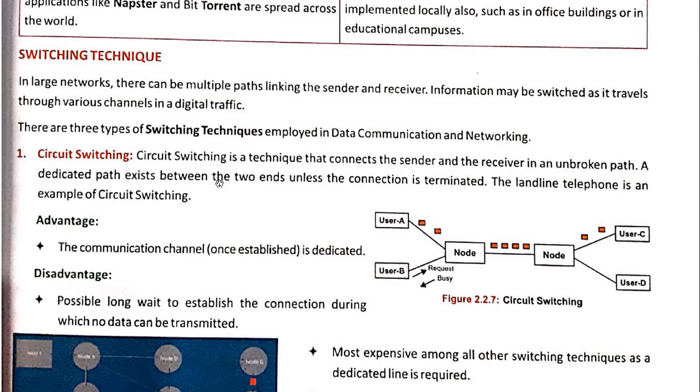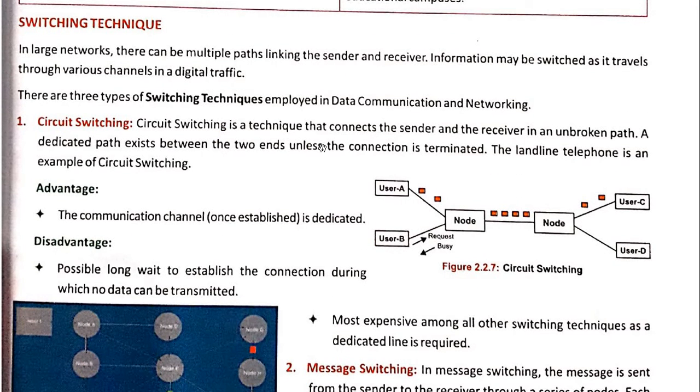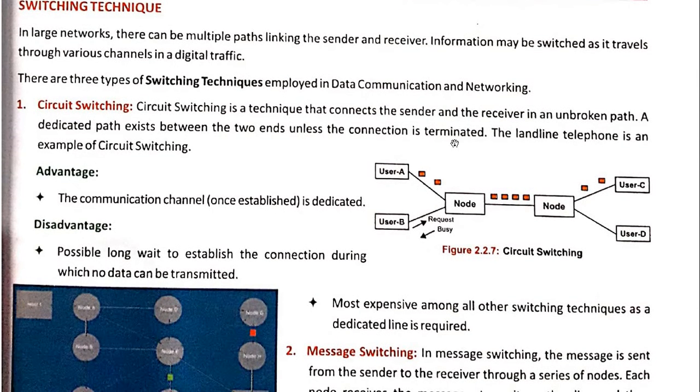A dedicated path exists between the two ends unless the connection is terminated. Means for as long as the two computers are connected, there is no breakdown. The landline telephone is an example of circuit switching.